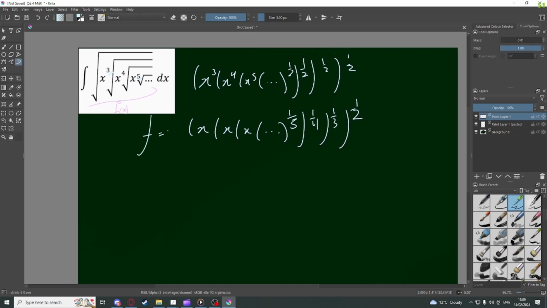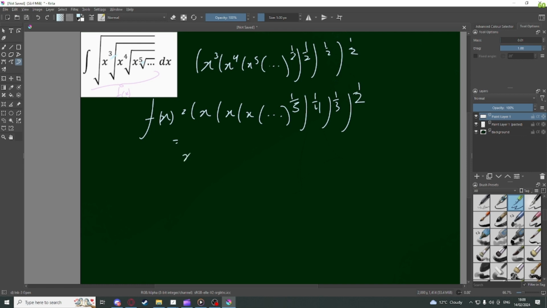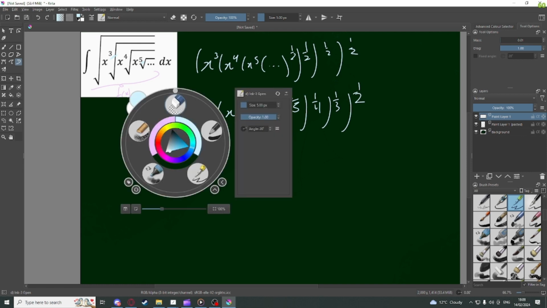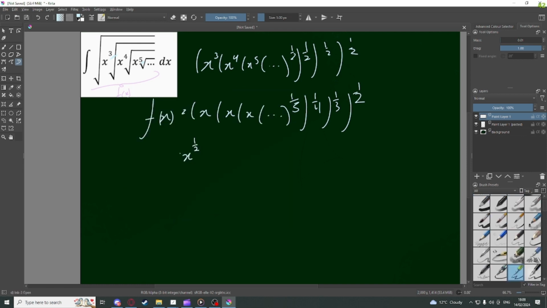So again, f of x is equal to this, and then just simplifying this down, this becomes x to the power 1 half times, let's see, x dot dot dot to the power 1 over 5, 1 over 4. That's a lot of brackets. 1 over 6, I think.